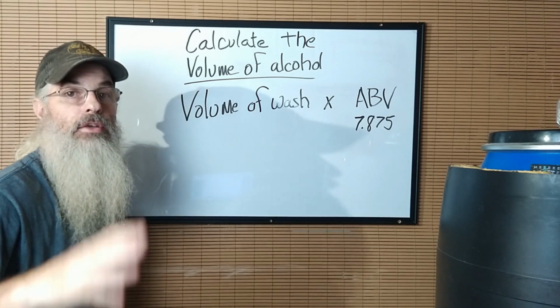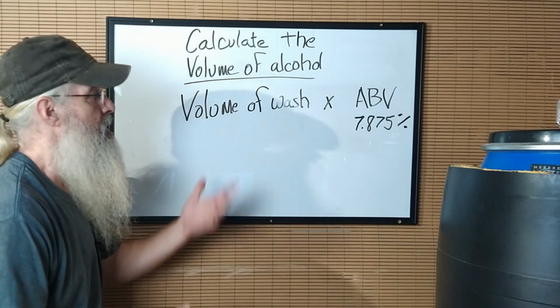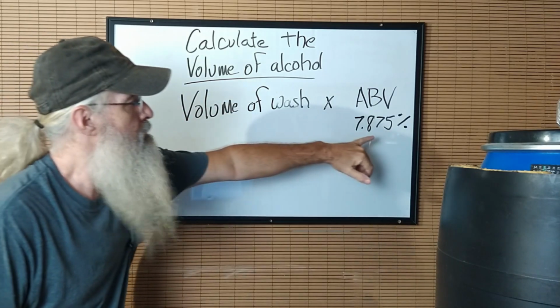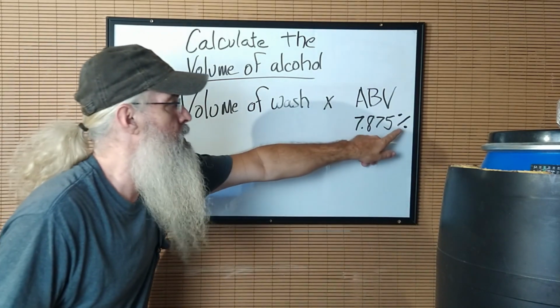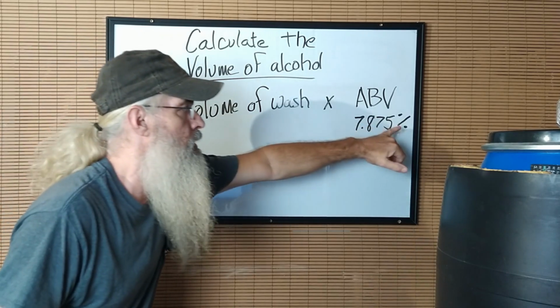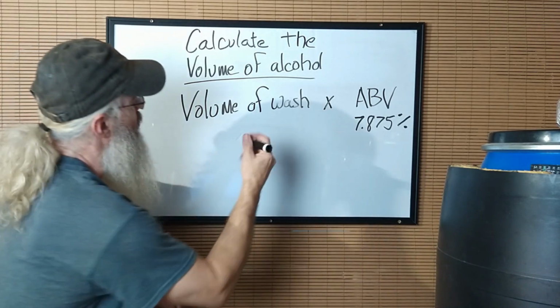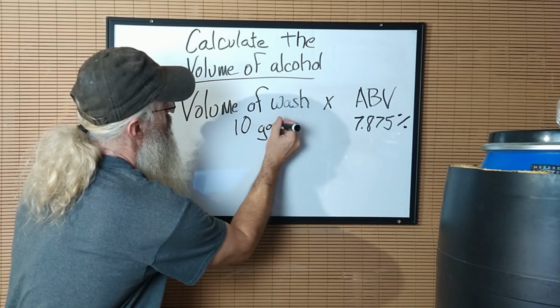Now we need to calculate the volume of the pure alcohol that's in the wash. And how we do that is that we just simply multiply the volume times the ABV percentage. And remember, you have to multiply it by the percentage, not just multiply the number without the percentage. You'll get the wrong number if you do that. So let's just say we've got 10 gallons of wash.